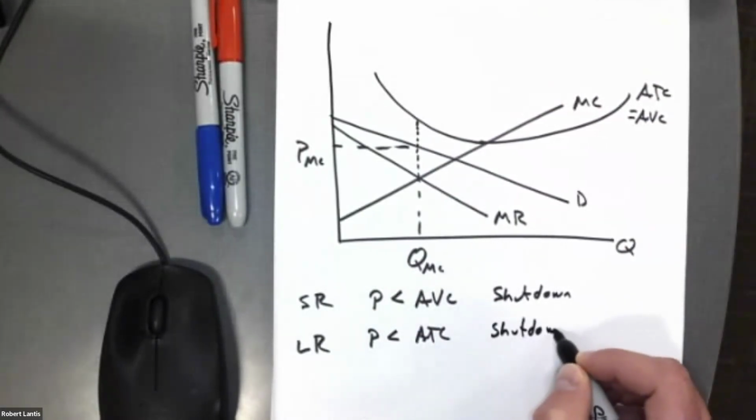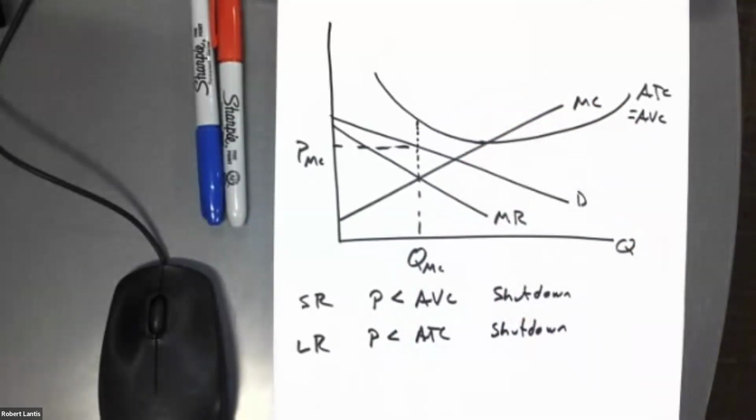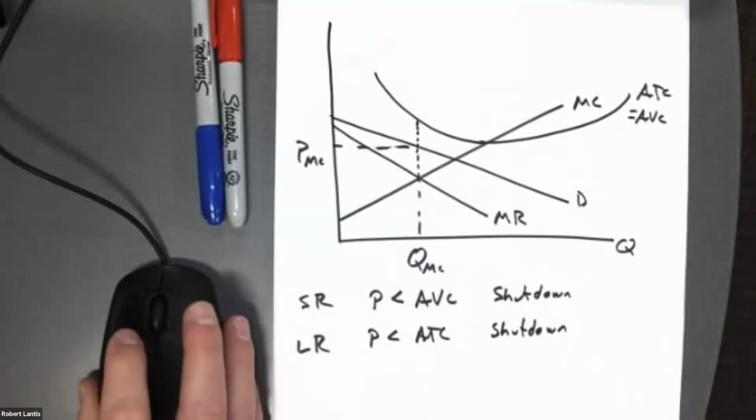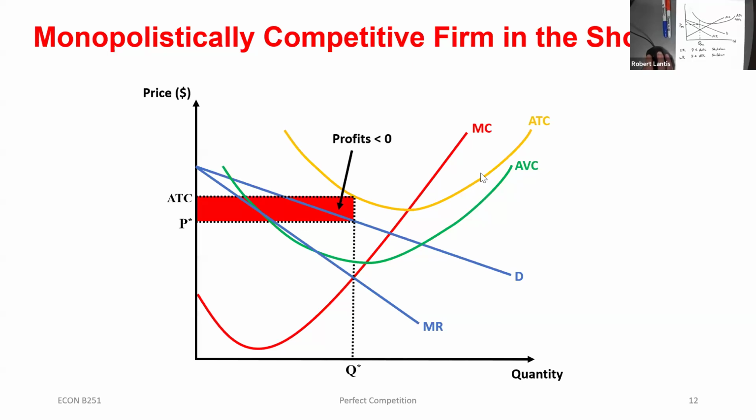So even though the firm might operate here in the short run with negative profits, in the long run, we know they would just shut down or exit the market. So thinking about the long run, I don't have any difference between my average total and average variable cost curves.